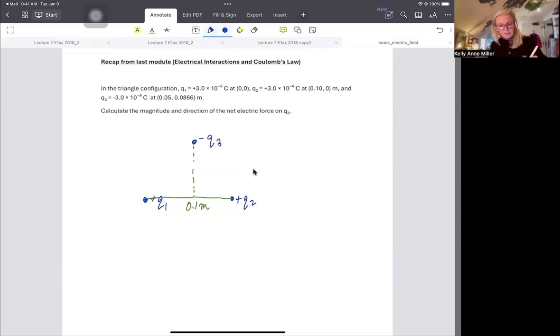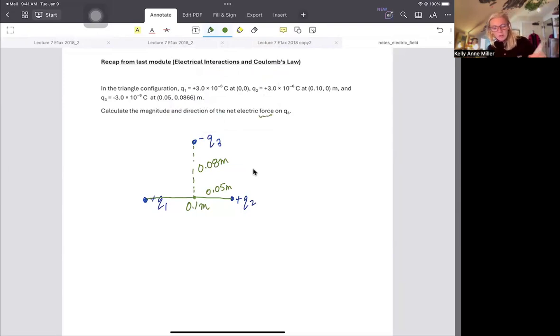Okay, and this distance here is, let's just call it 0.08 meters. And then from here to here is 0.05 meters. Okay, so what we want to know is the magnitude and the direction of the electric force acting on Q3.